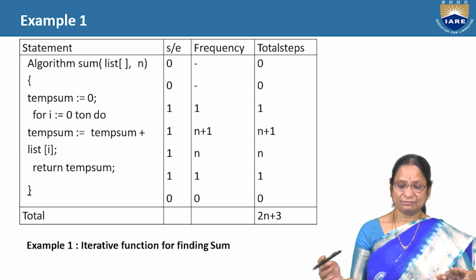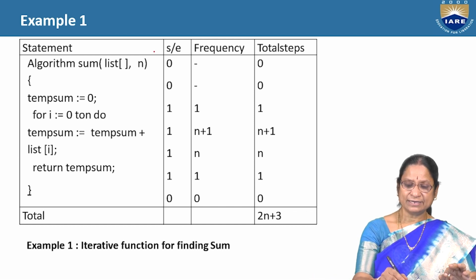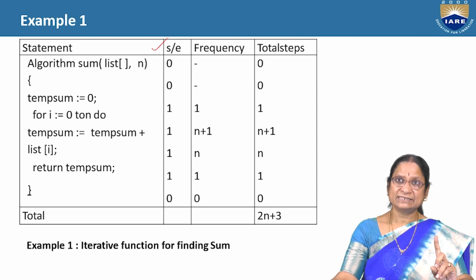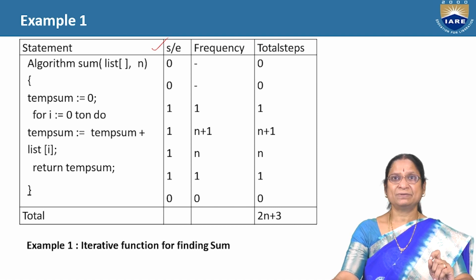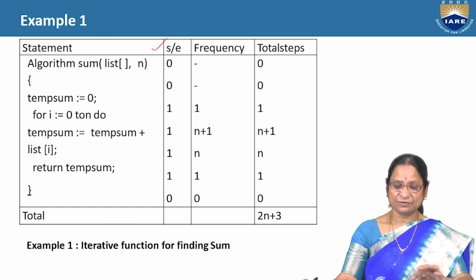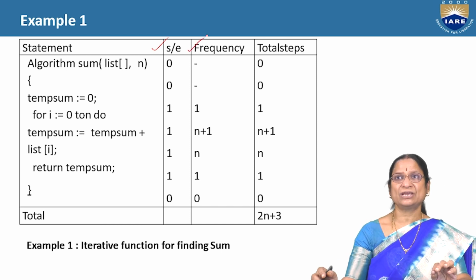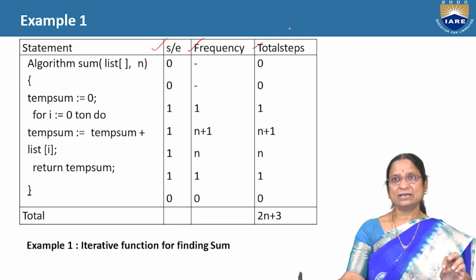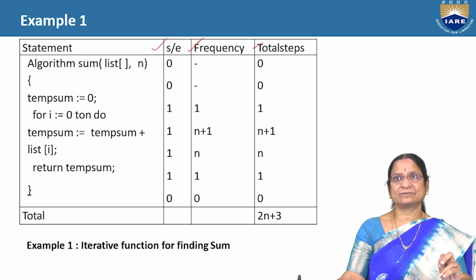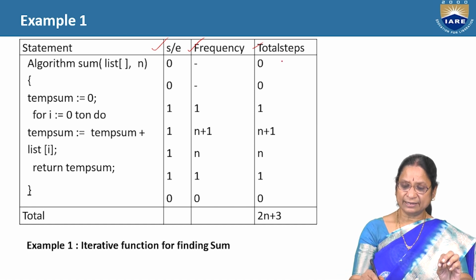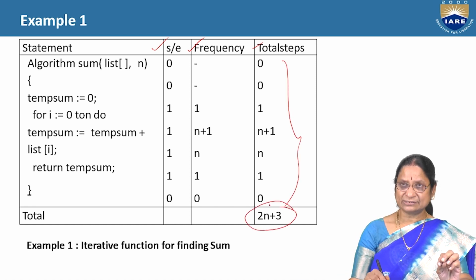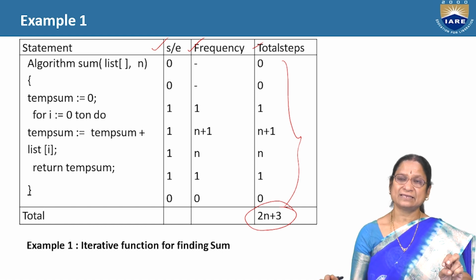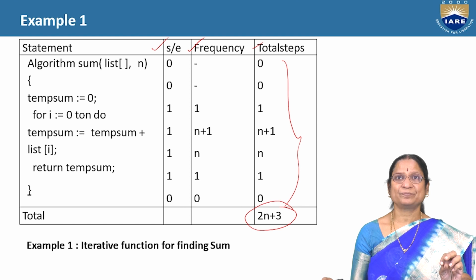I am using 3 columns: statements per execution, meaning once it is executed how many statements there are; and frequency, how many times the respective statement is getting executed. By multiplying these two, I get the total number of statements. And when we add them, I get the total number of executable statements, which gives the time taken, the same as our time required.